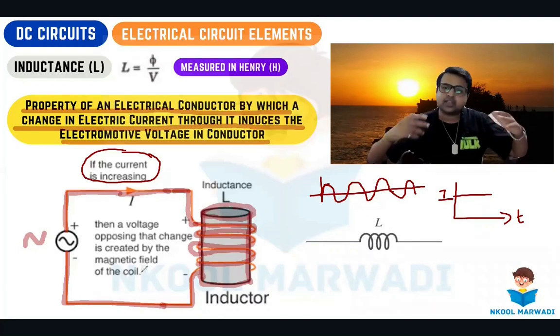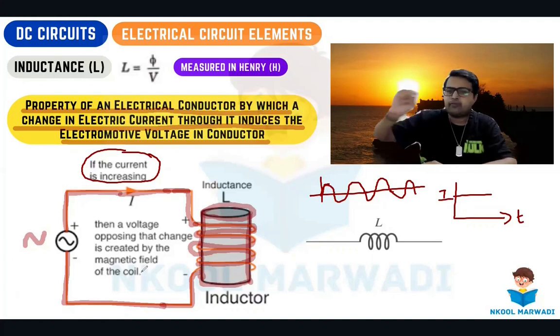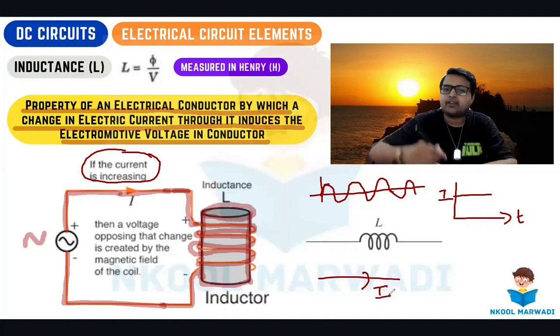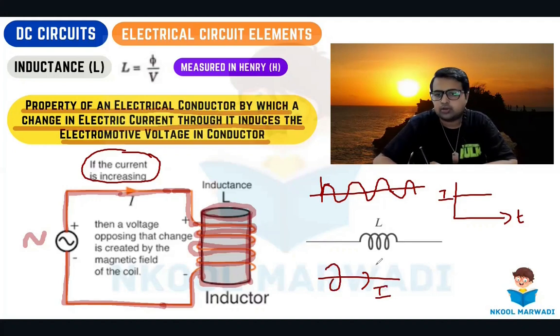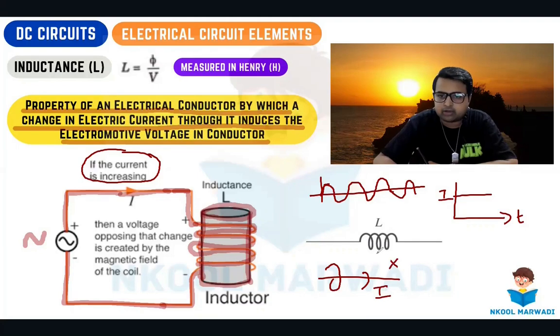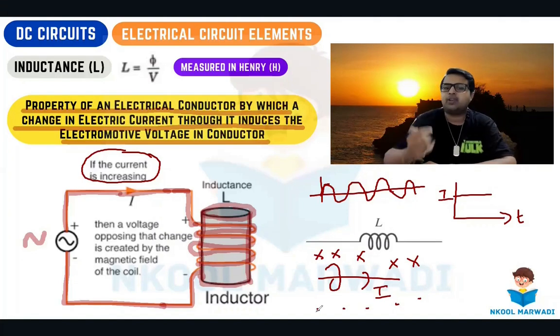Now the question is how inductance will oppose. We know that whenever current flows, there is a magnetic field or magnetic flux around the coil. If the current is flowing in this direction, the magnetic field will be like this. Here it will be a cross and here it will be a dot. Cross means it is going inside, dot means it is coming outside.